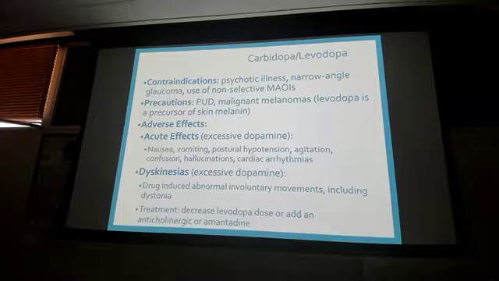So we're gonna tell these patients, hey, make sure you're getting up very slowly. Give yourself a minute to kind of reorient yourself to the room before you just get up and start walking around. And then you'll also see the same things that we saw before, our hallucinations, and then cardiac arrhythmias is something that's a little bit different here, unless you were looking at your ergots. Now, my dyskinesias, remember dopamine, too much dopamine, dyskinesia, D and D, right?